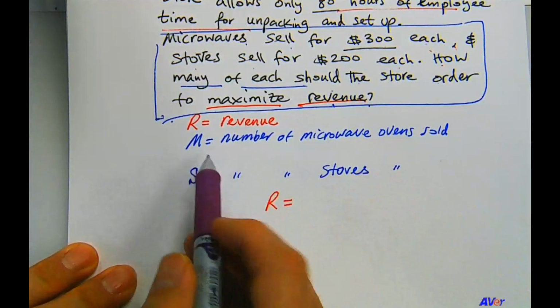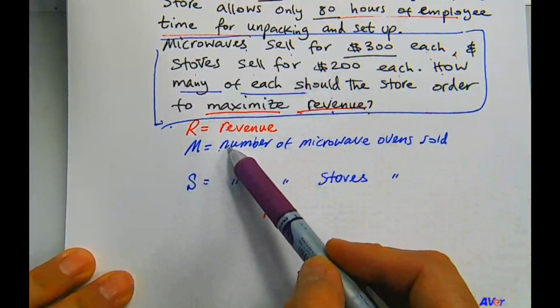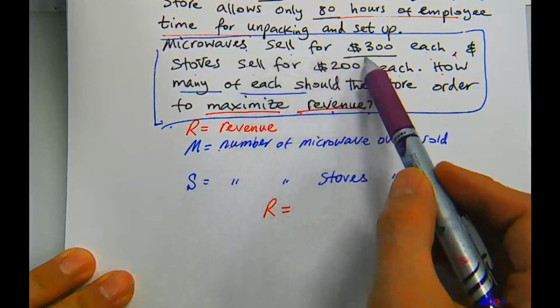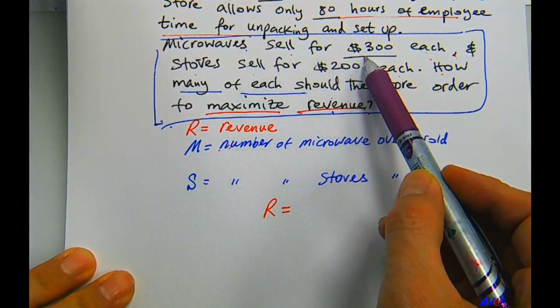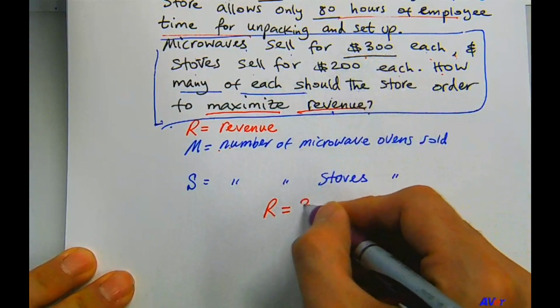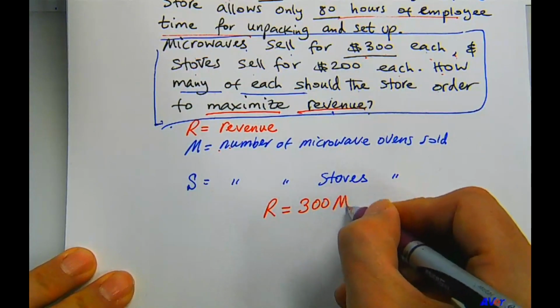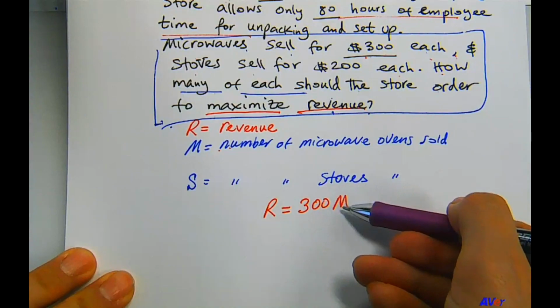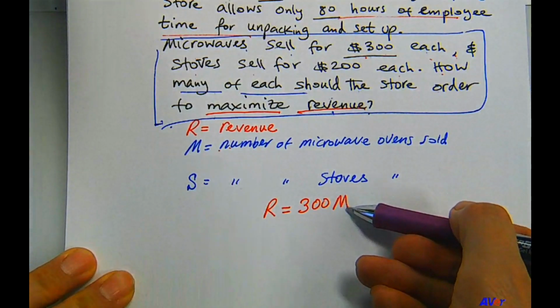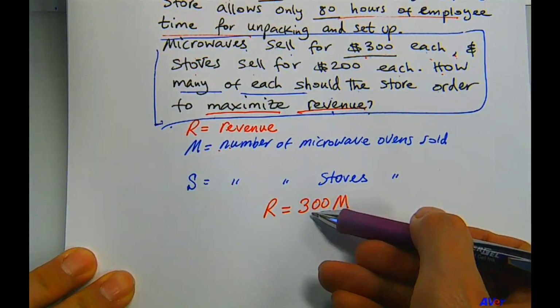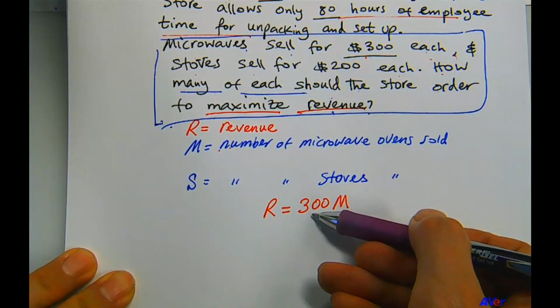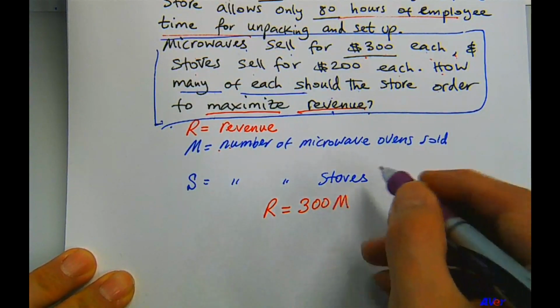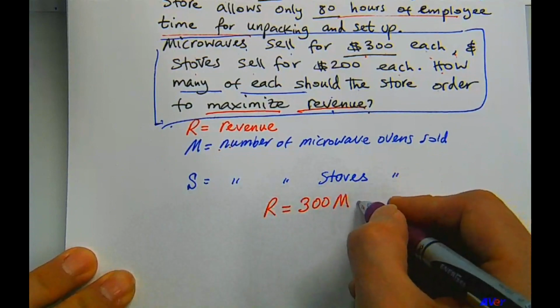equals, now each microwave is being sold for $300 each. So 300M, right? If you tell me you sold 10 microwave ovens, then I know the revenue stream from selling microwaves was $3,000. So that's part of the revenue function.